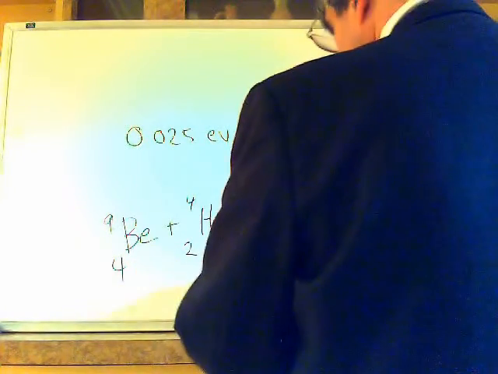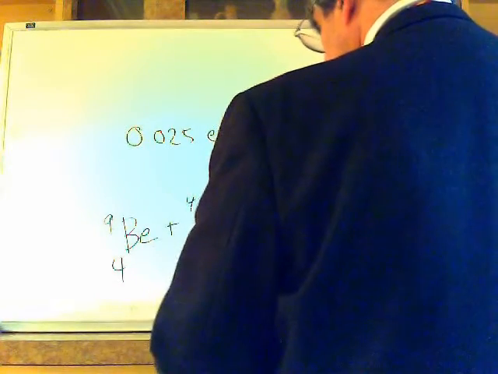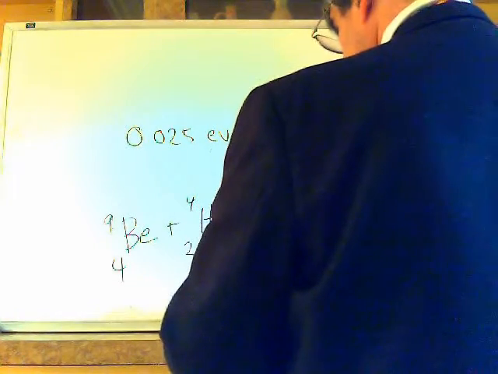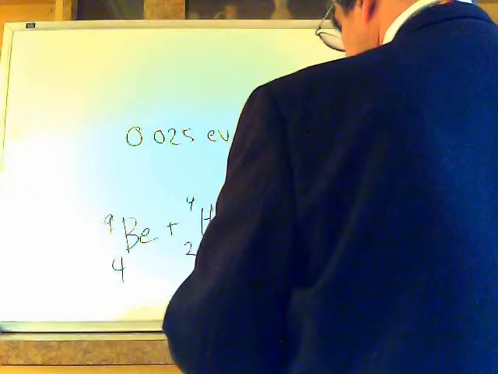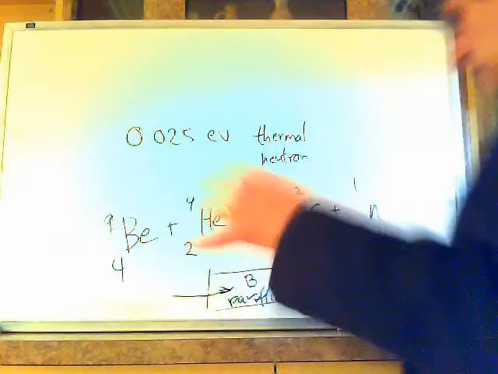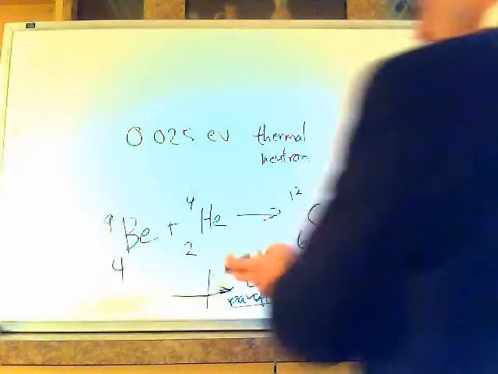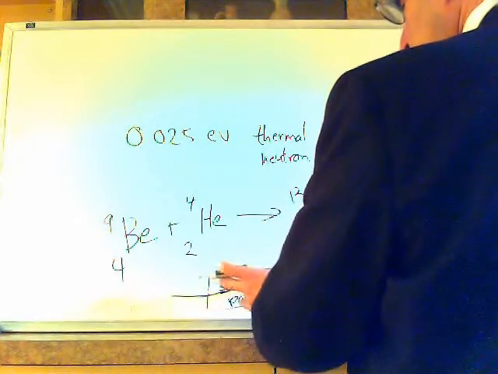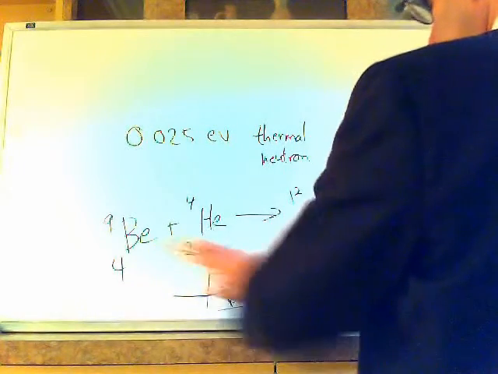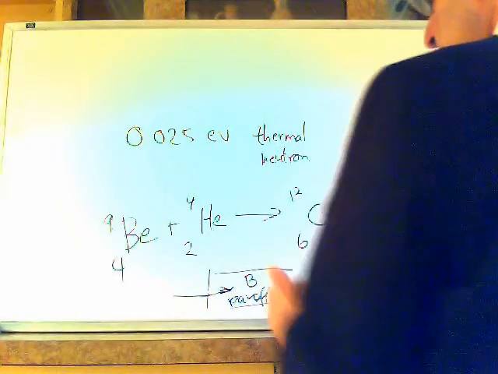But if I take those neutrons and pass them through a block of paraffin, which is wax, and the paraffin is embedded with boron in the form of borates, it's what's known as borated paraffin. The boron atoms will slow the neutrons down, and once they get in here, they become thermal neutrons.